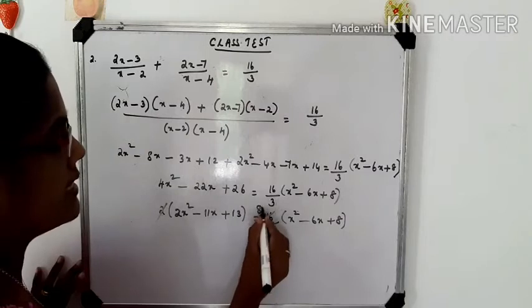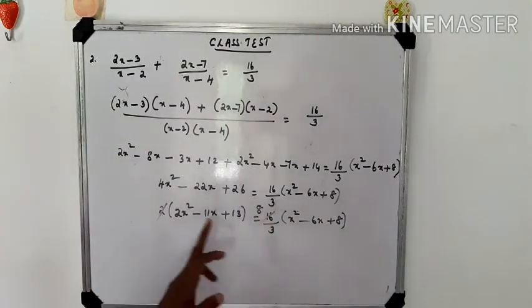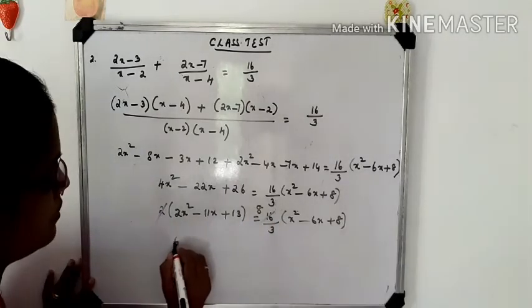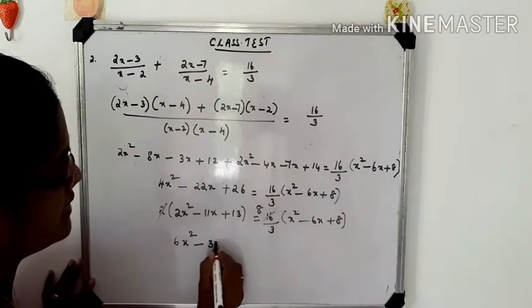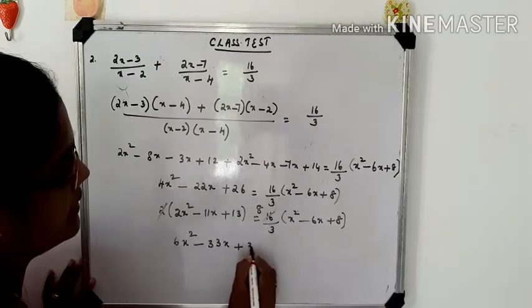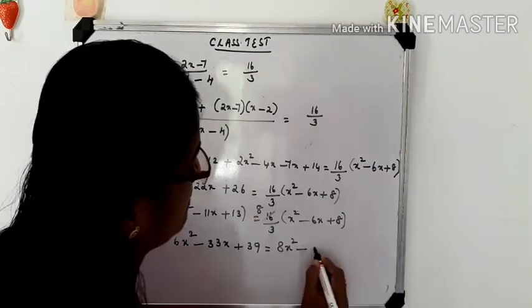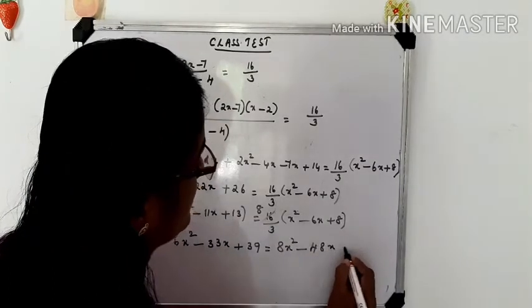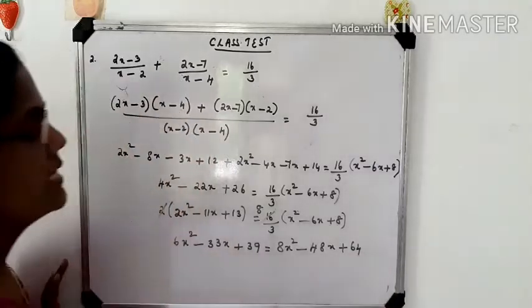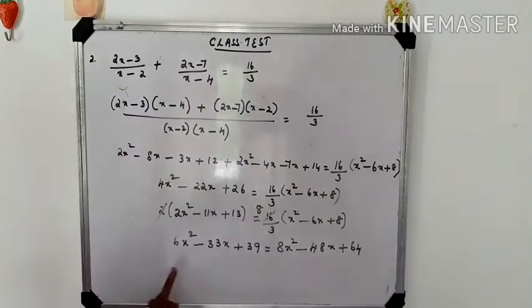2 and 16 cancels as 8. Now 3 comes to the left side. So 6x² − 33x + 39 = 8x² − 48x + 64. Opening the bracket.